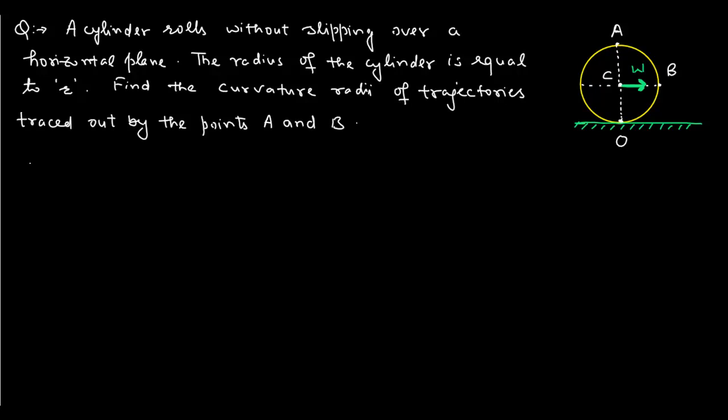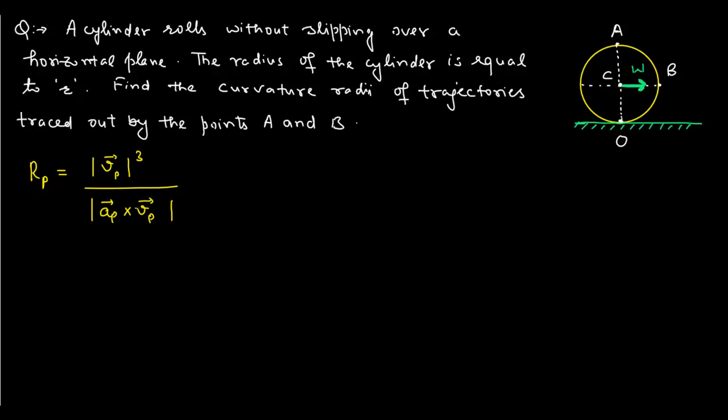As per the definition, the radius of curvature of a given point, denoted by Rp, in such a situation is equal to the cube of the magnitude of the velocity of that point divided by the magnitude of the cross product of the acceleration of that point with the velocity of that point.